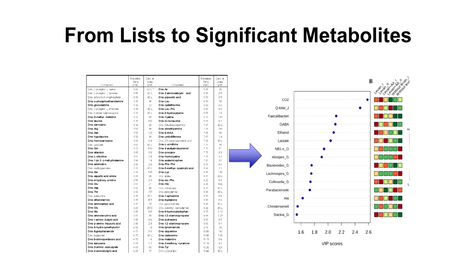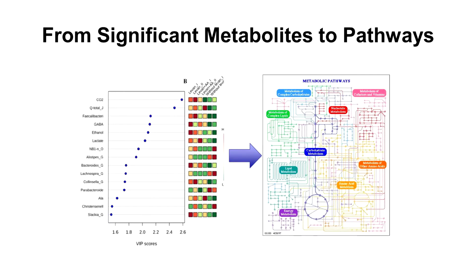From the lists, you can use statistics to shrink them down. So you may have hundreds of lists with hundreds of features or molecules. You want to shrink it down so it's a smaller list, perhaps 5 or 10, of significant features or significant metabolites. And we'll talk about how this is done, but this uses multivariate statistics. Once you've reduced your big pile of compounds or features or these massive lists to something that's a few, you can start doing analysis.